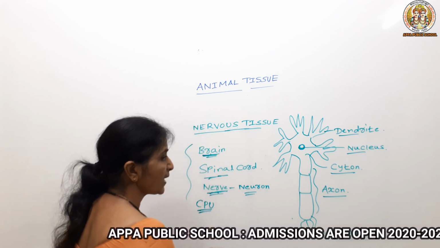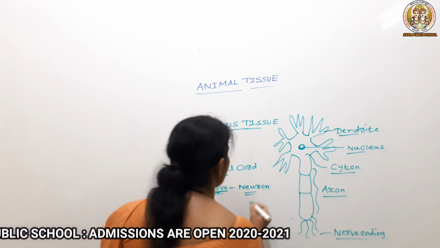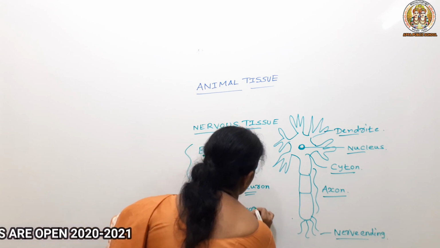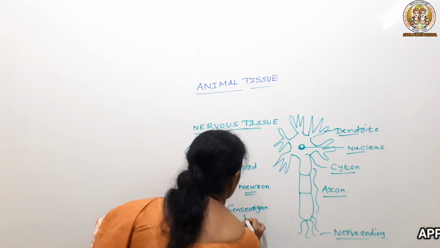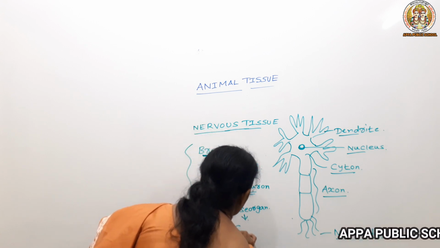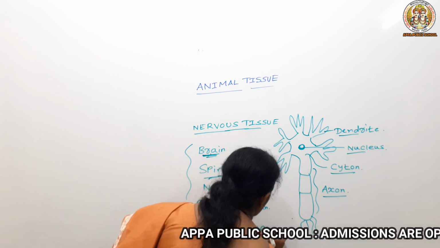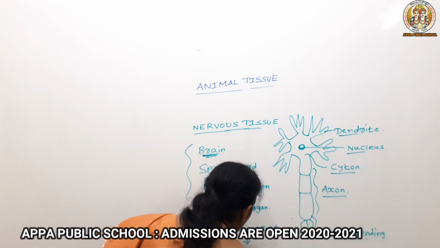In this way the message is sent from the sense organ through the spinal cord to the brain.